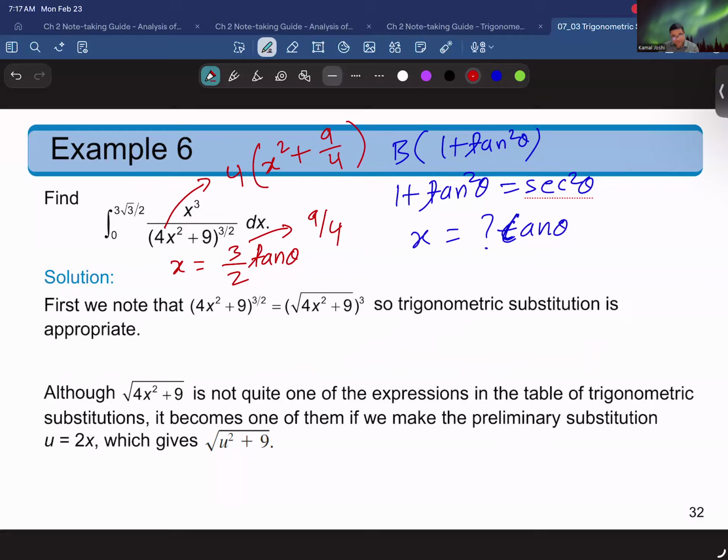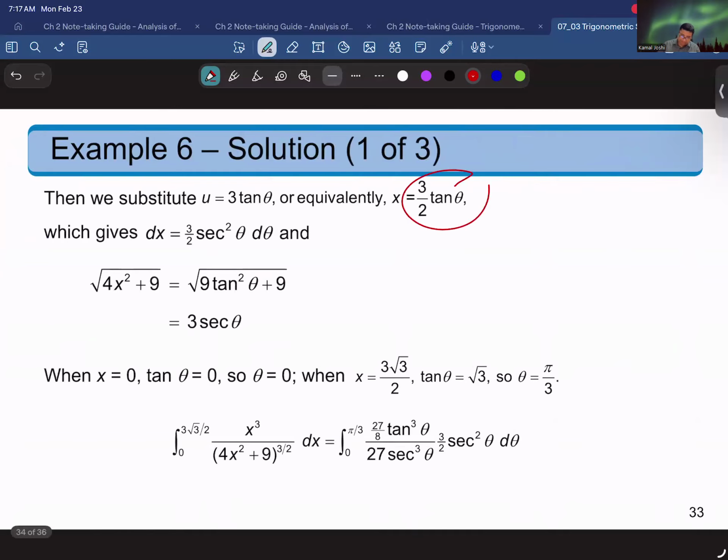I'm only talking about the inner function here. Then you can see 9 over 4 is 3 over 2 squared. So now you know that x has to be 3 over 2 tan theta. Somehow you have to see that. And once you see that, you make the substitution.